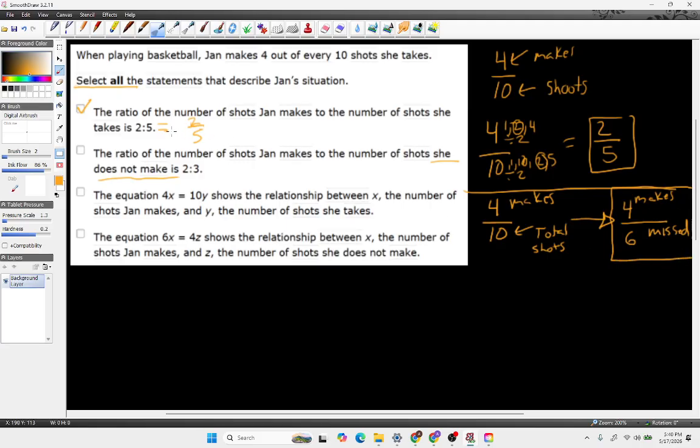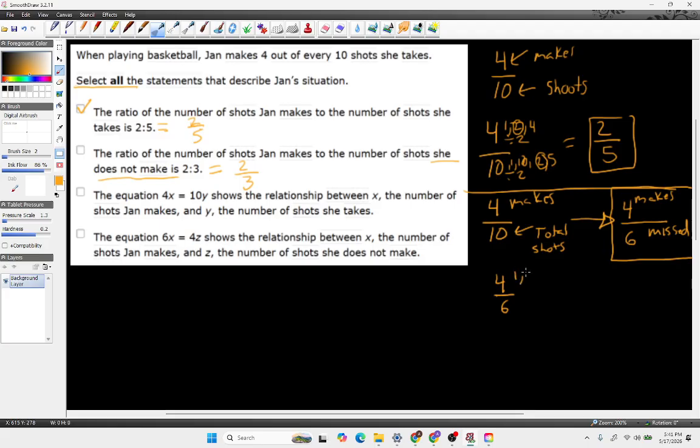And let's see what they're claiming now. The ratio of the number of shots Jan makes to the number of shots she does not make is 2 over 3, which corresponds to a fraction of 2 over 3. 2 to 3 is 2 over 3. Okay. Well, let's find out if we can simplify 4 over 6 to 2 over 3.